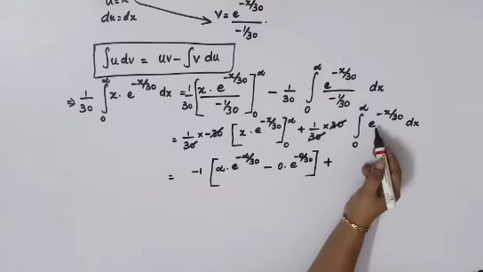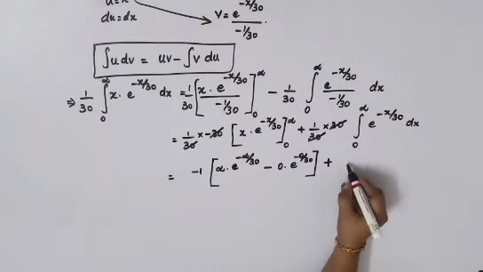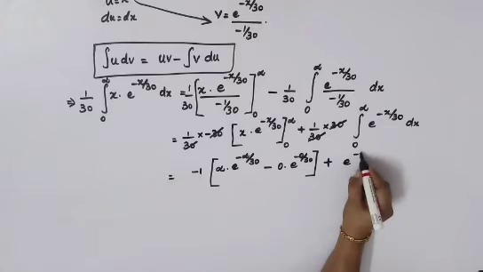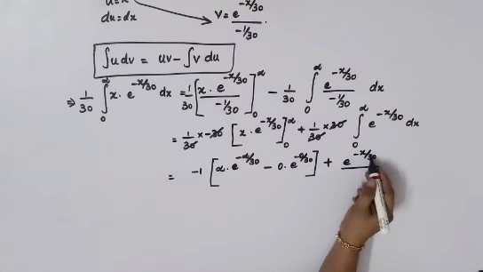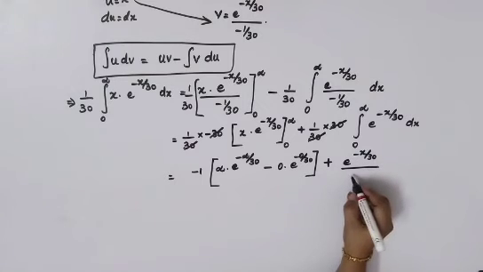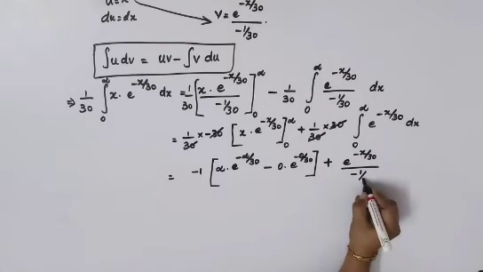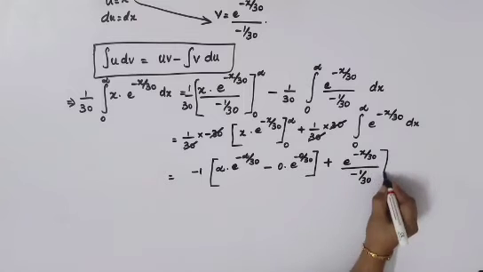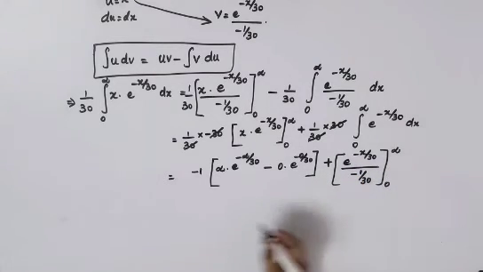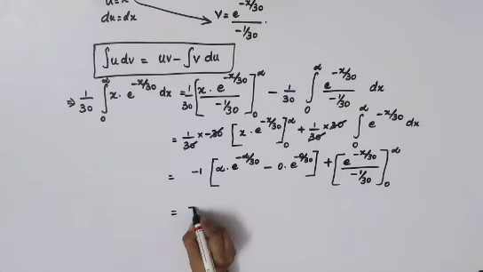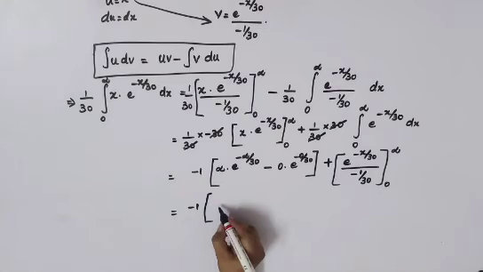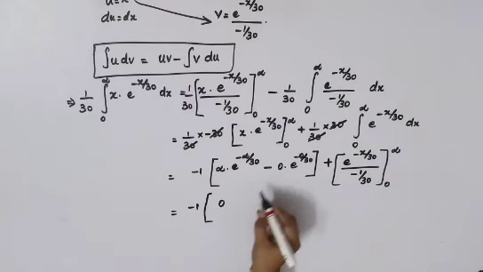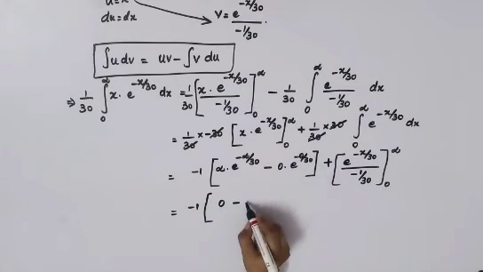Now you can integrate it also. e power minus x by 30 will be e power minus x by 30 divided by the coefficient of x, brought to the denominator, that is minus 1 by 30, with limit from 0 to infinity. The next step of solving: infinity into anything becomes 0 only, and minus 0 into anything becomes 0.